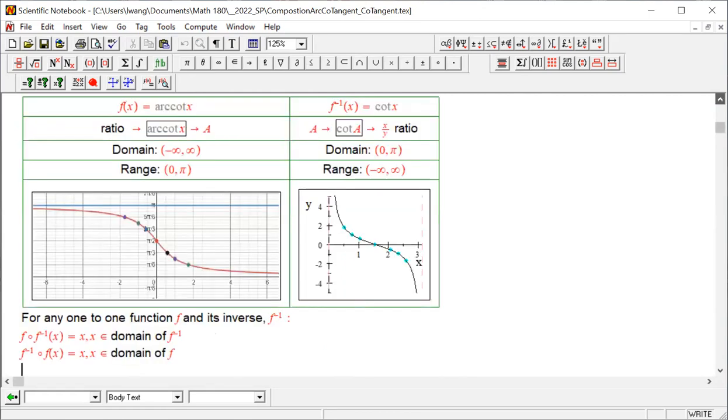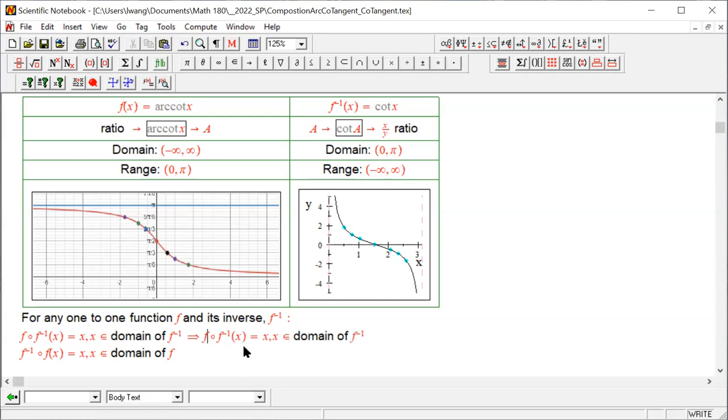So in our particular situation, F is ArcCotangent, and F inverse is cotangent in that specific domain, which is otherwise specified. So now we just have to plug in. As a consequence, we're going to copy and paste, and compose ours.